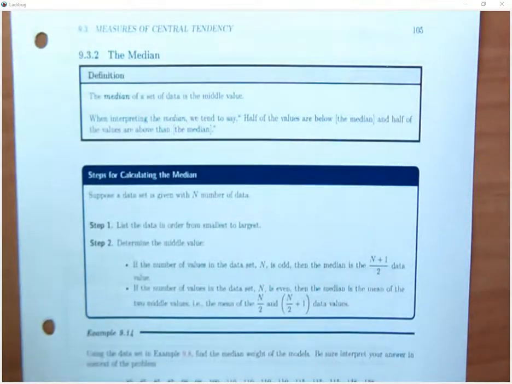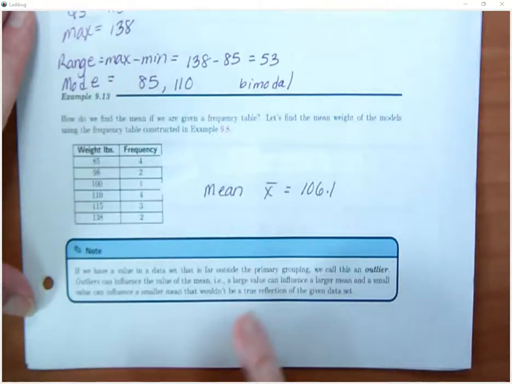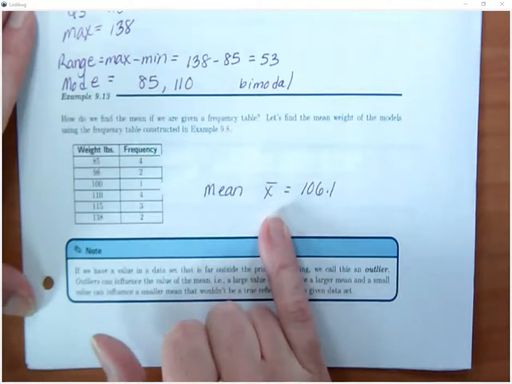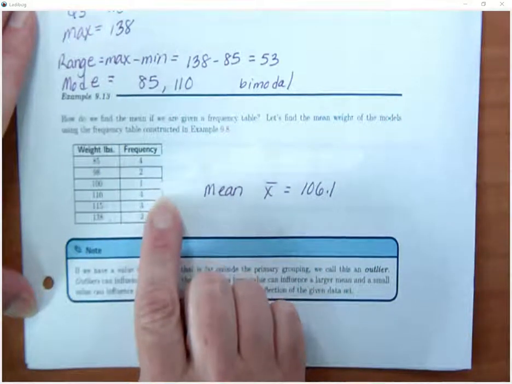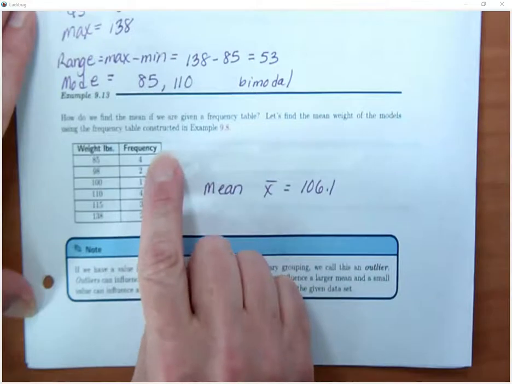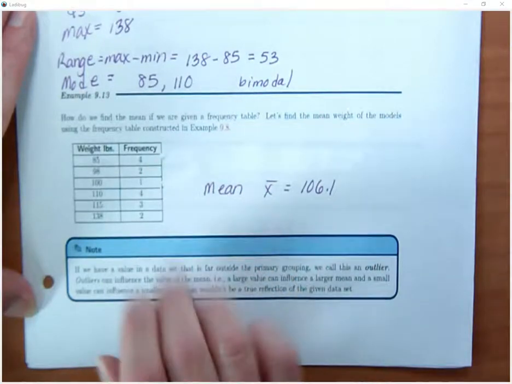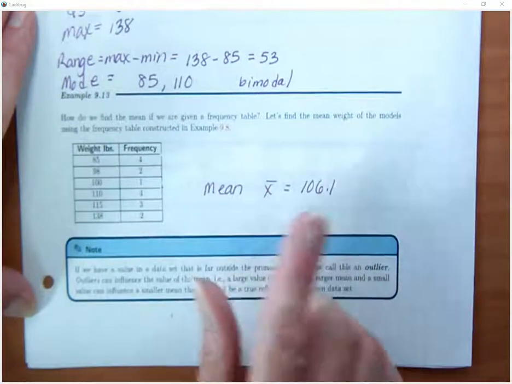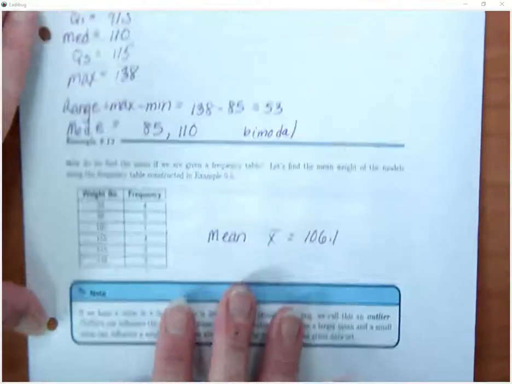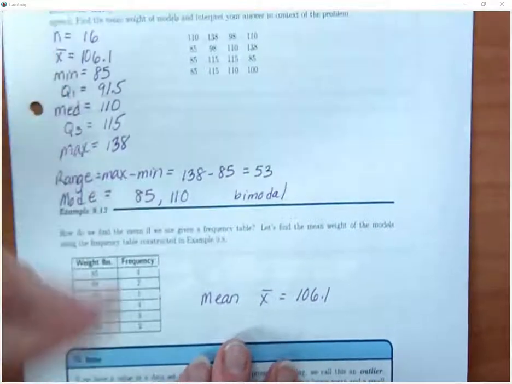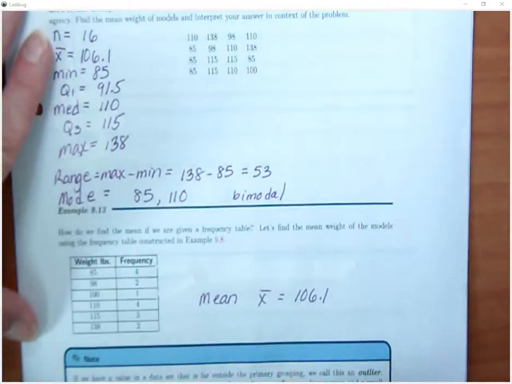And I will put the answers up there and you can check back real quick. So I'm just going to quickly go through this. So the mean for this frequency table is going to be 106.1, the same exact answer we got above using our calculator and entering in value by value.